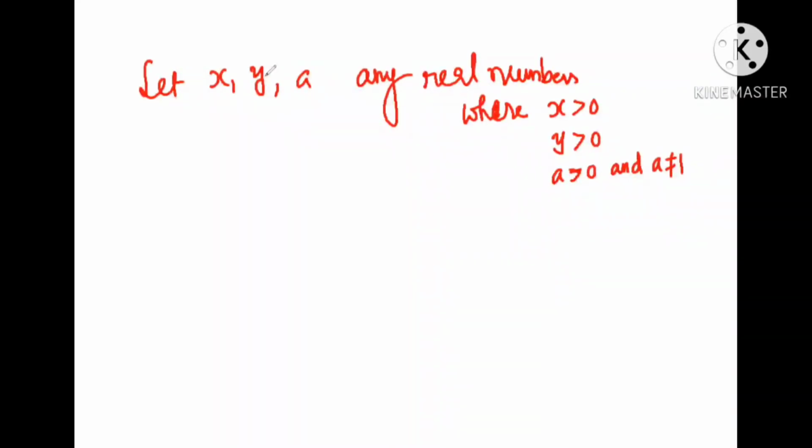Then if x can be written in the form of a to the power of m, that means some exponent of the number a, and y can be written as a to the power of n, let us convert these exponential forms into logarithmic forms.